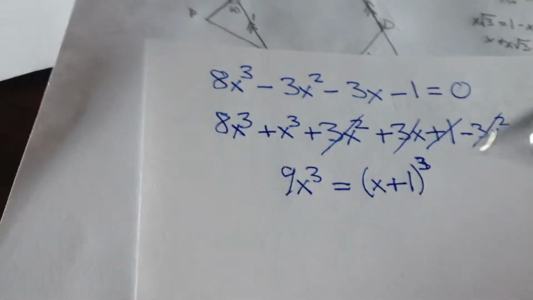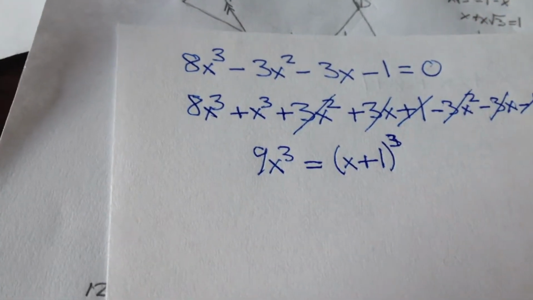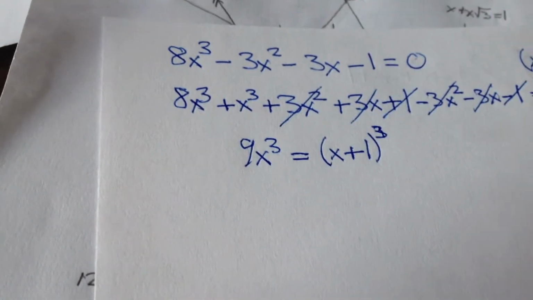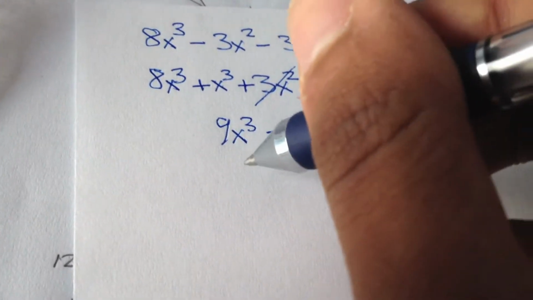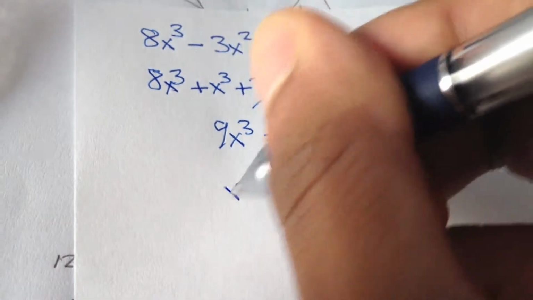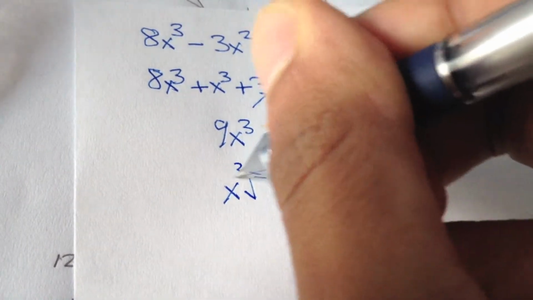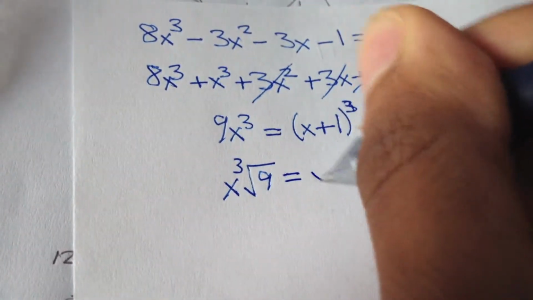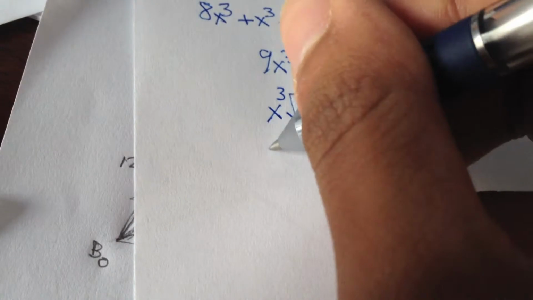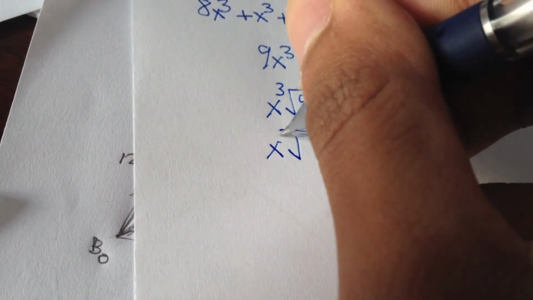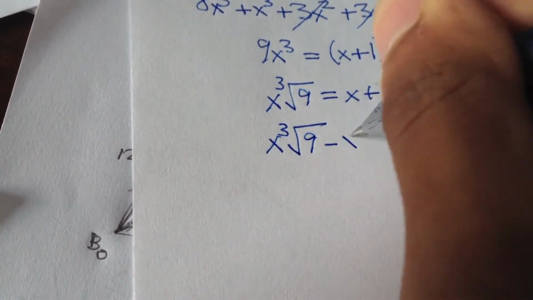This is a lot simpler to work with than that, don't you think? What we can do is take the cube root of both sides, so we get x times the cube root of 9 equals x plus 1, and we can solve for x here. X times the cube root of 9 minus x equals 1.